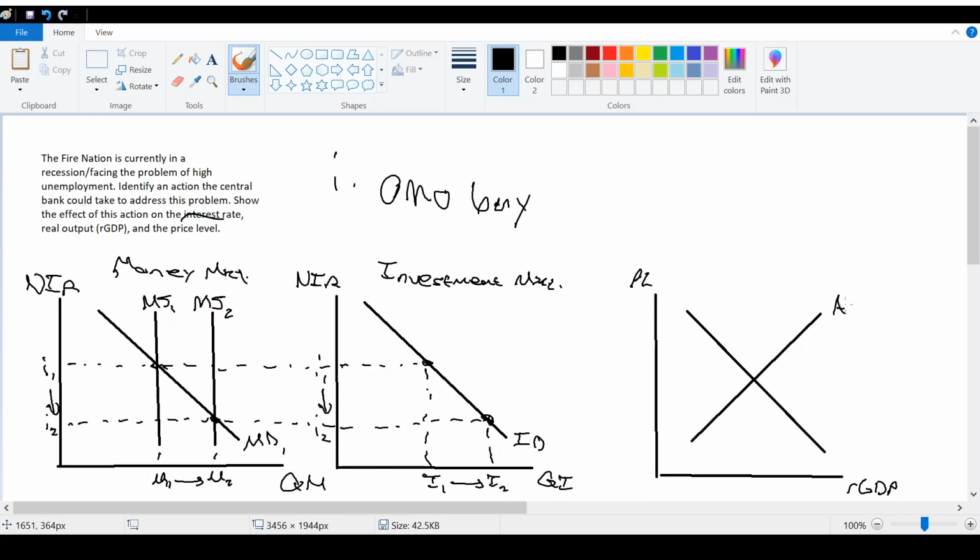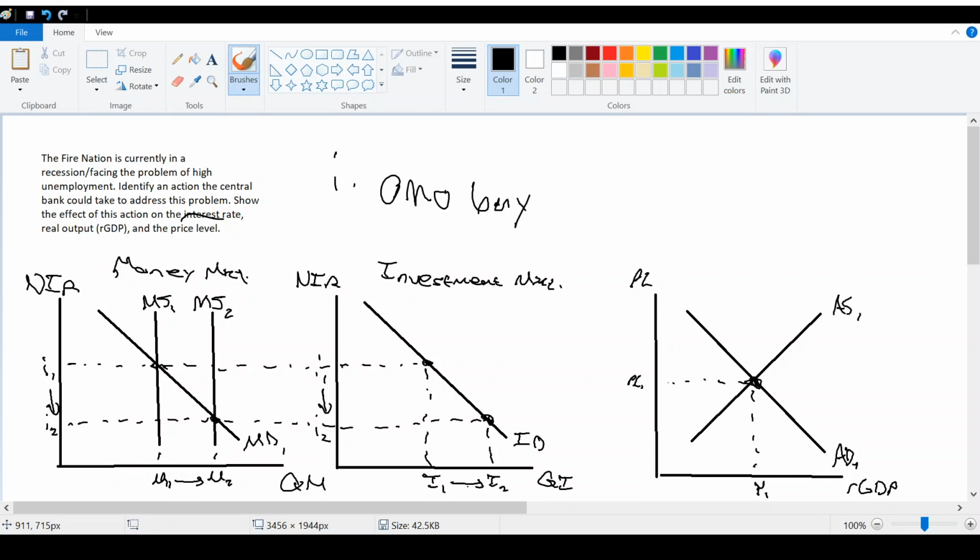This one is aggregate supply, aggregate demand, 1, 1. Okay, so right now we're here. Put Y1, PL1. Okay, so we have our increase in investment.